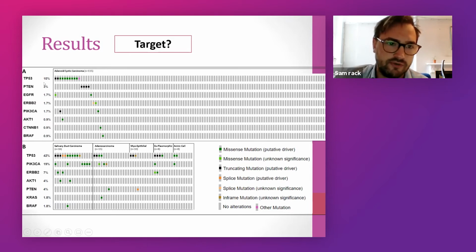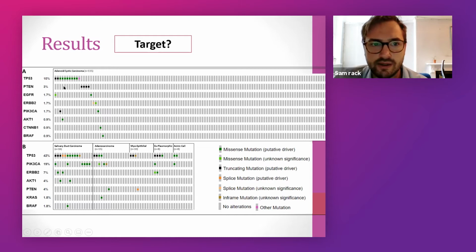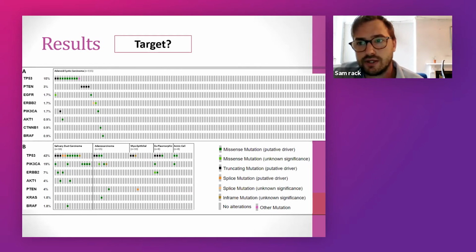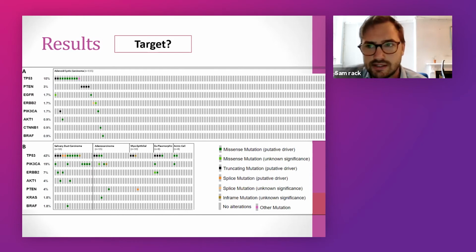Then we move down in terms of how frequently we pick them up. Within adenoid cystic, using this 24 gene panel approach, we're only picking up changes in about 16% of tumours.